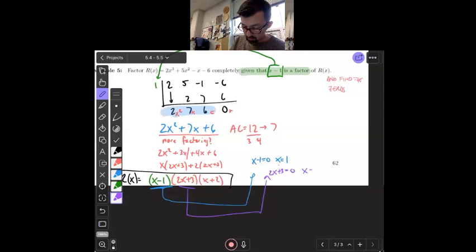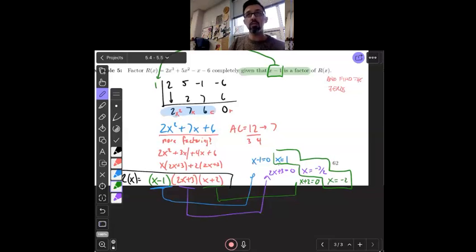So x equals negative 3 over 2. x plus 2 equals 0. So, of course, x equals negative 2. So there's our zeros as well. Right? Finding zeros is easy once you got it factored.